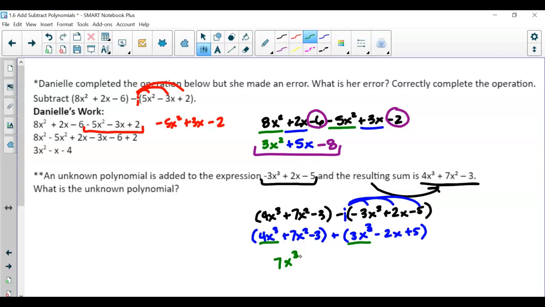Then continuing on, but notice how there is only one x squared term here, so bring that down. There's also only one x term here, so bring down -2x. But then combining the constants of -3 plus 5, which gives you 2. So this is the other polynomial that was added to this polynomial here to get the resulting sum of 4x cubed, our polynomial here.